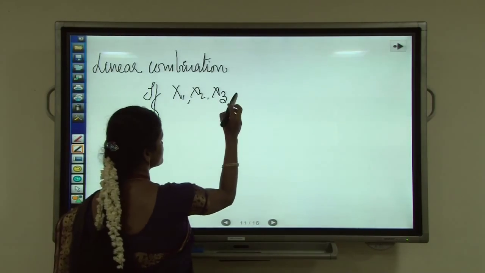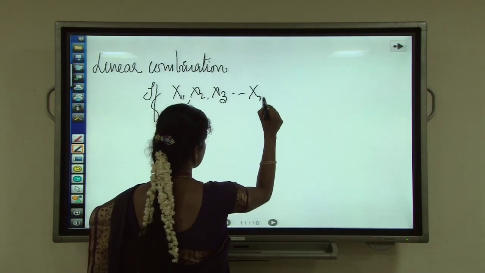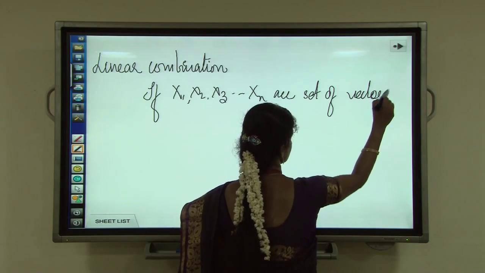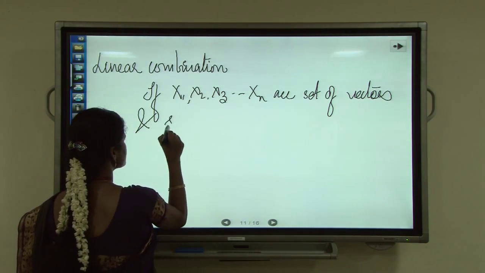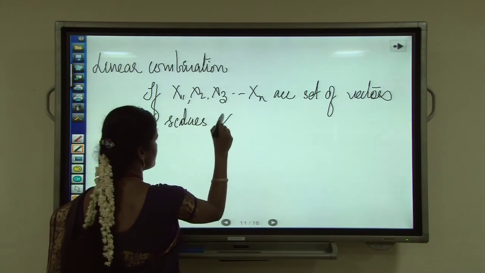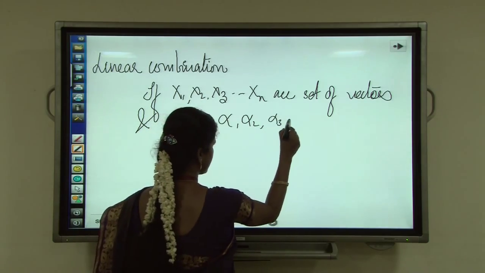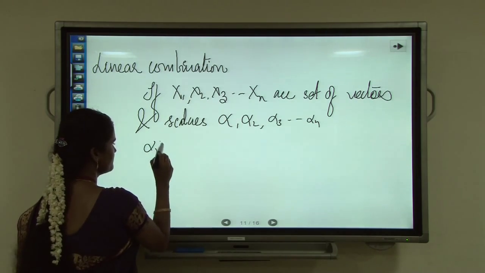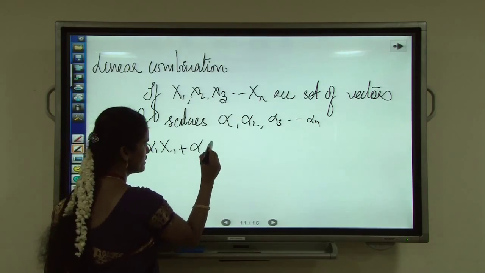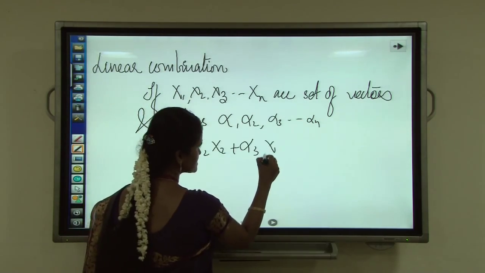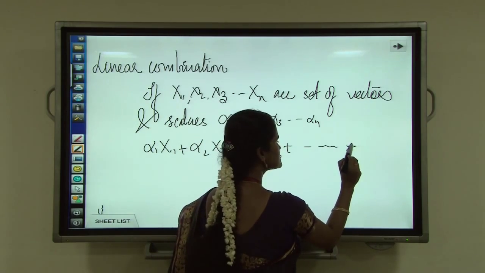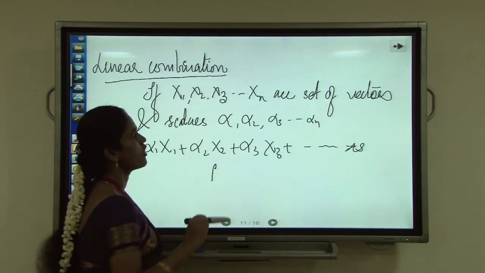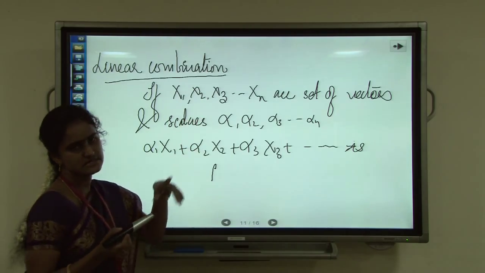If capital x1, x2, x3, up to xn are a set of vectors, and we take some scalars like alpha 1, alpha 2, alpha 3, up to alpha n, then the combination of these scalars along with the vectors, alpha 1 x1 plus alpha 2 x2 plus alpha 3 x3 plus etc., is called a linear combination of the vectors x1, x2, up to xn.